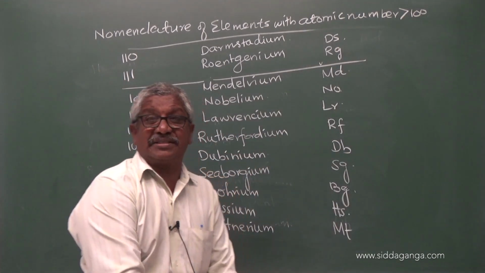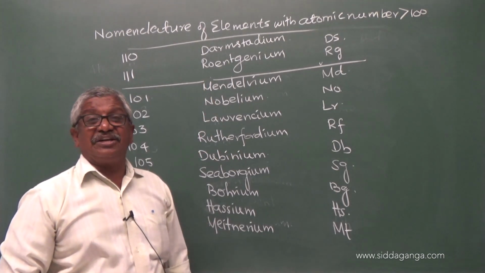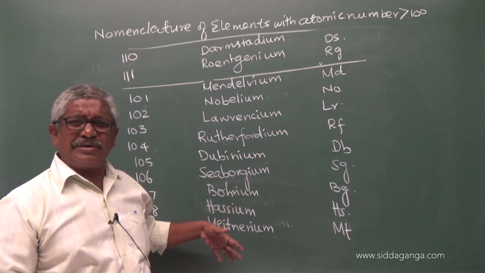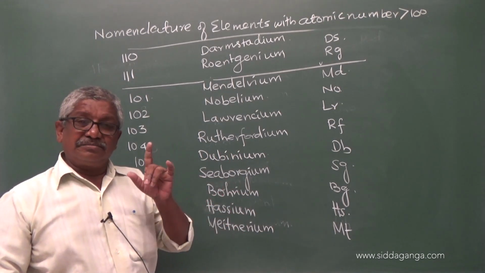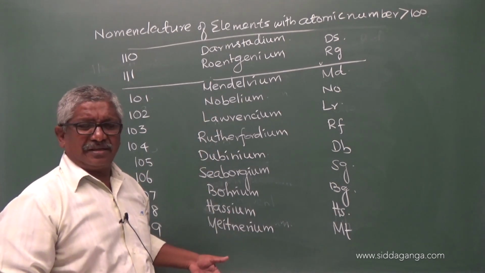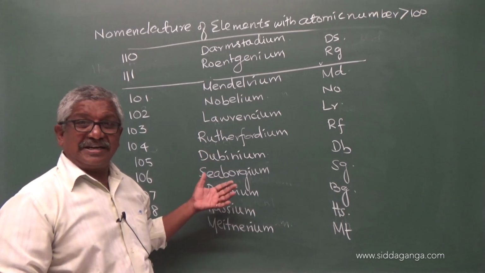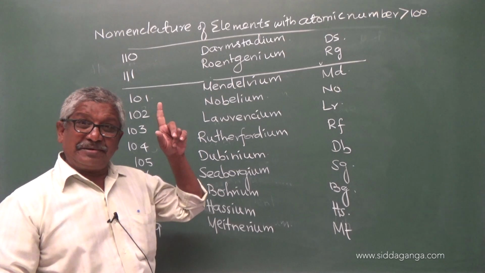The IUPAC nomenclature is usually given based on the name of the scientist. So the majority of the scientist names are available in the IUPAC names, but that is a systematic name.